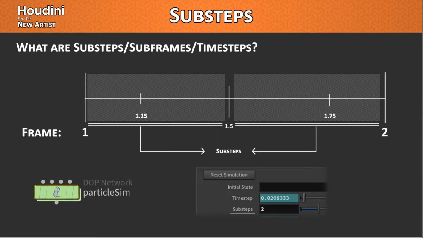So when you go to your DOP network node, you'll notice that we have the substeps parameter. And if it says 2 like this, the way to think about it is that you have 2 blocks of time that exist between 1 and 2, for example. So when this goes to cache out, it's going to cache out the subframe of 1.5. So it's going to go 1, 1.5, and then 2.